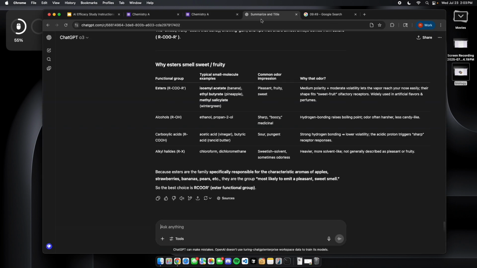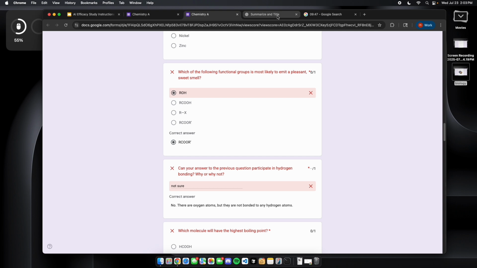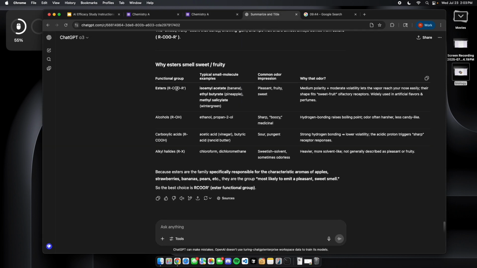There are no oxygen atoms. There are actually oxygen atoms, but they're not bonded to any hydrogen atoms. Yeah, that's true.